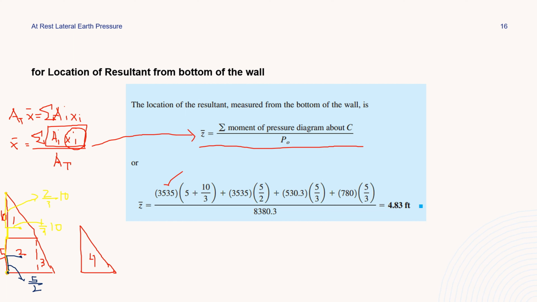That is its moment arm. Area 3 is the same case as 1. The distance is 1/3 of 5, so 5 over 3 is its moment arm. Same with area 4, 1/3 of 5 again. So now we have the individual moment arms.